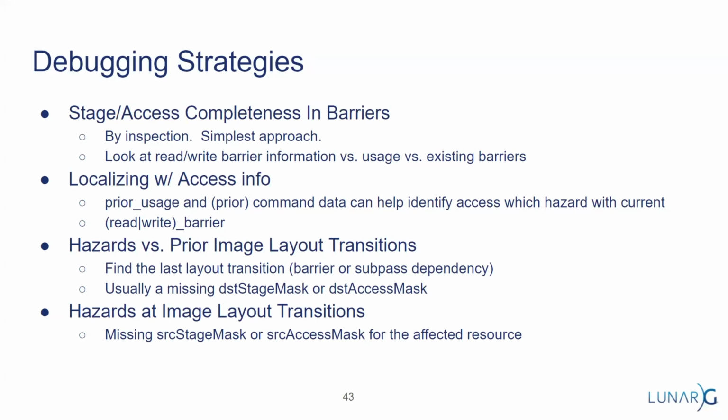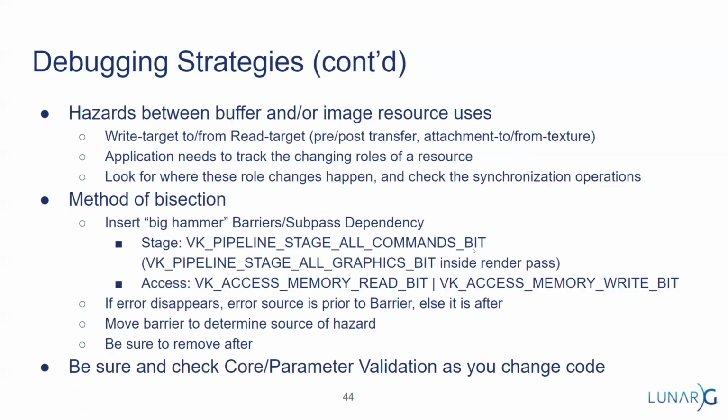I don't know if that's common terminology. And also, if you have a hazard at an image layout transition, then you're missing a stage or access in those masks, because again, it happens after availability and before visibility. So it happens between source and dest. So that can be pretty explicit.